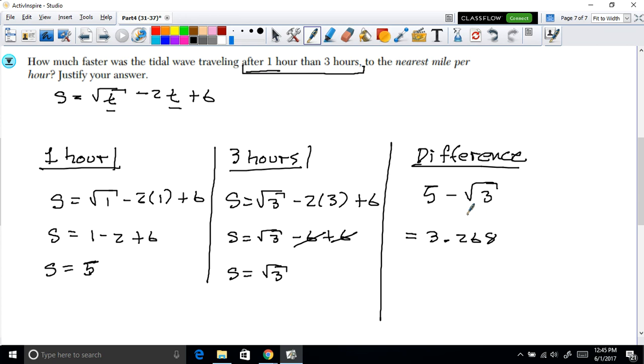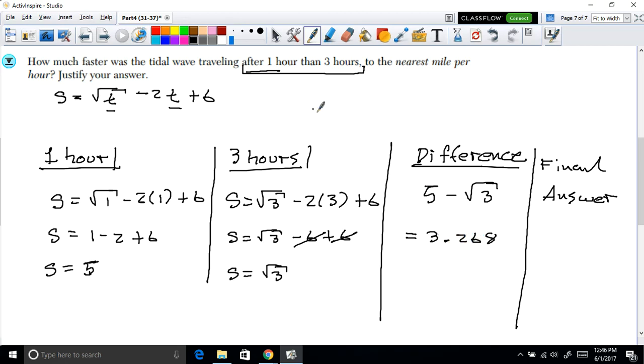But notice that we need to convert this into miles per hour. So all we have to do is move the decimal place for the final answer. We know the difference is 3.268, and we have to make this into miles per hour.